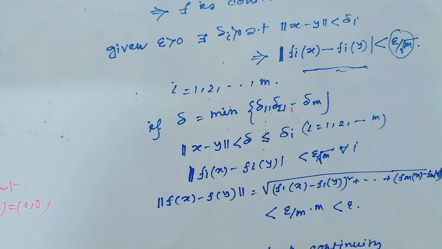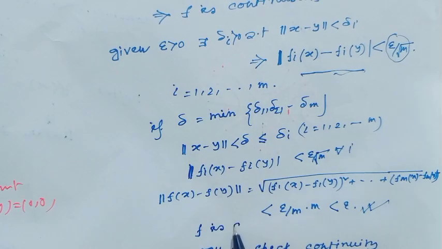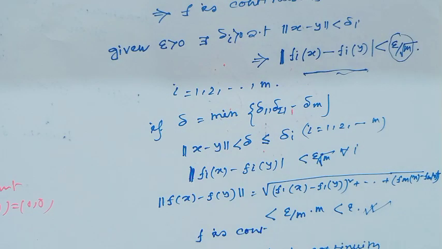Okay, therefore that implies f is continuous. From this relation we can tell f is continuous. Therefore if each fi is continuous, then f is continuous.